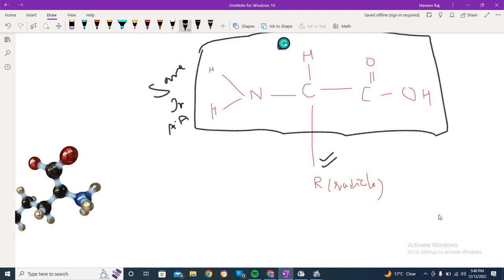This is one unit of the amino acid, and R over here is the radical, and radicals have around 20 types found in the human body. The different amino acids combine, they form a chain, and they form a protein. So that is how it works.